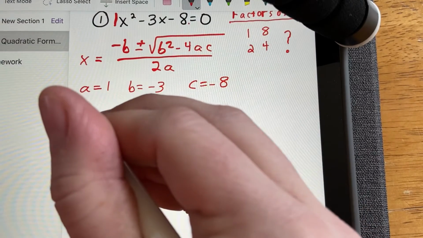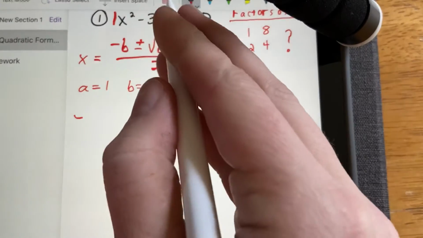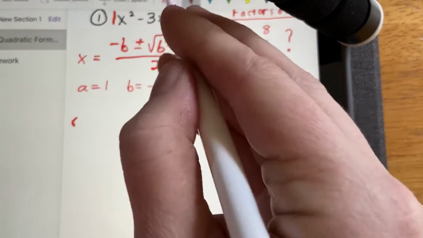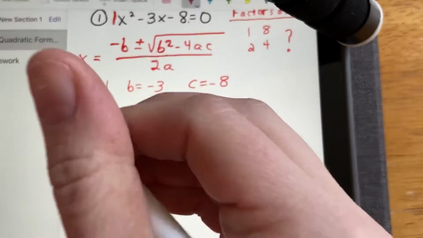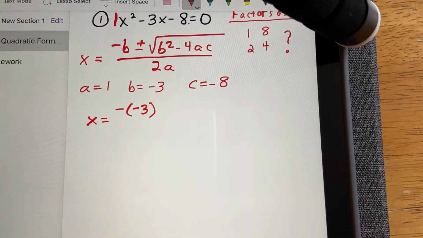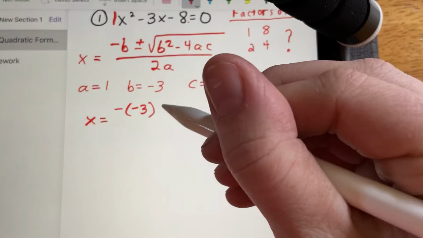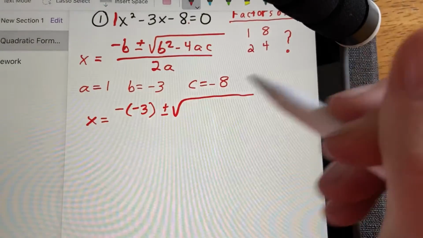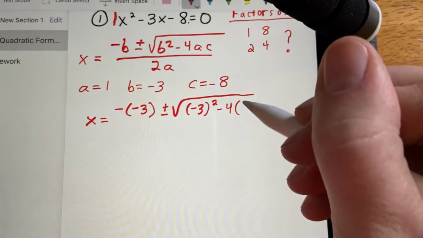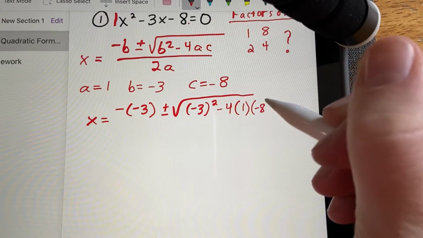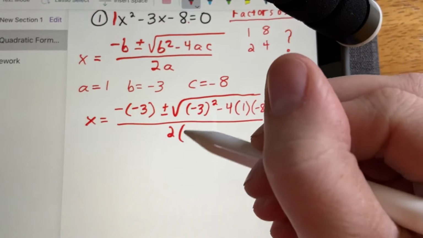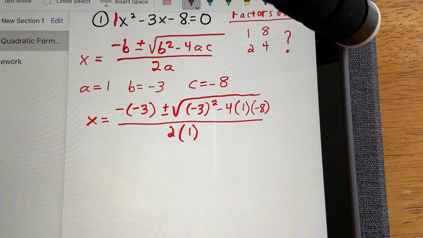I want to write x equals negative negative 3 plus or minus the square root of negative 3 squared minus 4 times 1 times negative 8, and that's all over 2 times 1, because that's a.